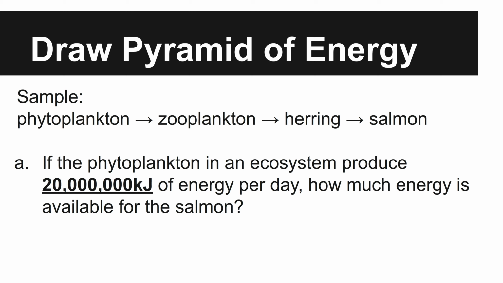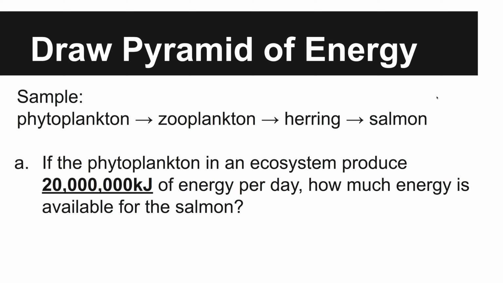So again, the way you do it is each level it goes up, only 10% moves on. So the phytoplankton produce 20 million kilojoules. Okay. The zooplankton, you times that 20 million by 0.1, which is 10%. And so you get 2 million. Okay, and then times that by 0.1.